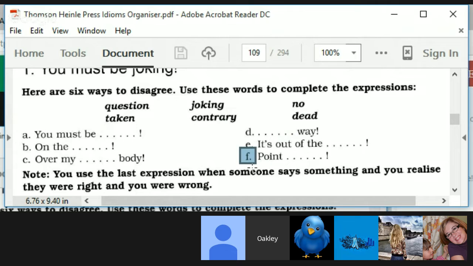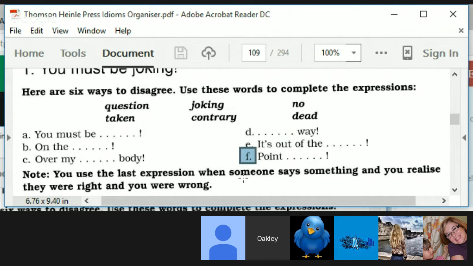Point taken is when you disagreed with somebody previously, but then they make a point or give you an argument, and you can concede or give up that point. All right, point taken. You may still continue to disagree with them. You may have other arguments or points, and you may still overall not agree with them. But you at least agree with one aspect or one point of their argument. That's the idea.